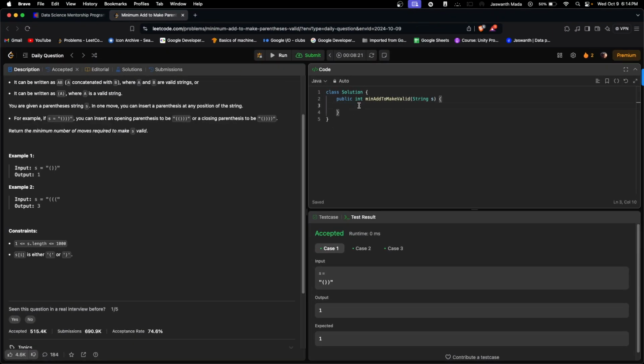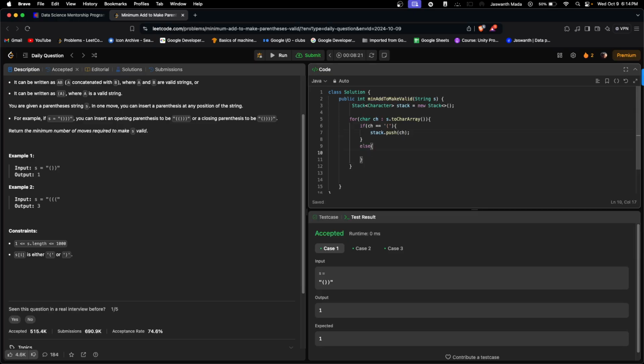So as I said, we'll be taking a stack which stores characters. Now what we are going to do is loop through every character in the string. As I said, if the character is a left parenthesis, then we'll just push it into the stack, right?